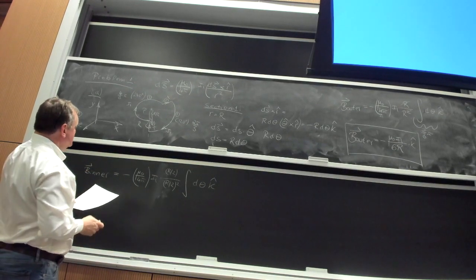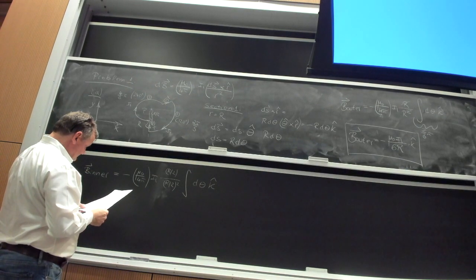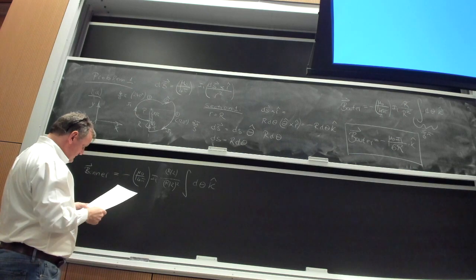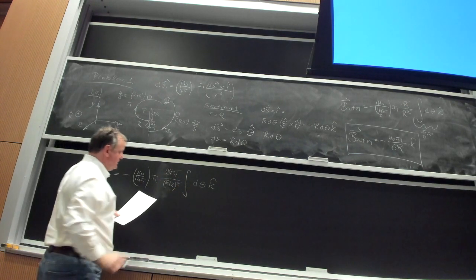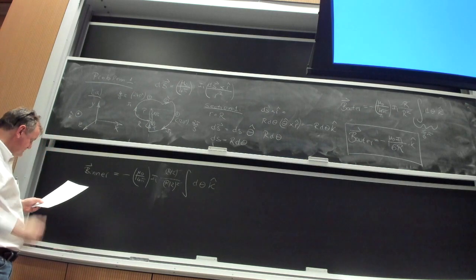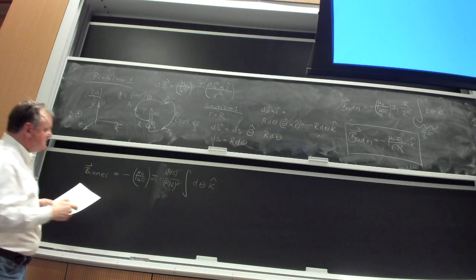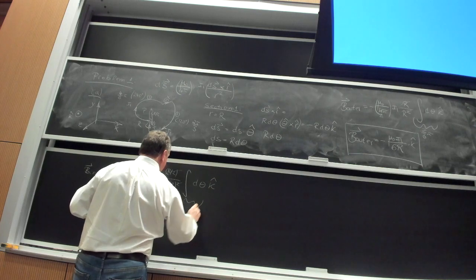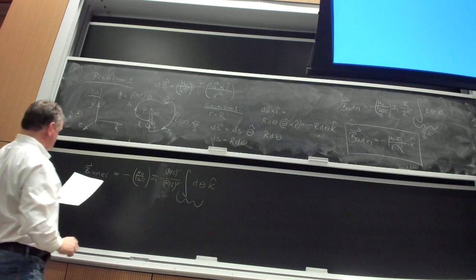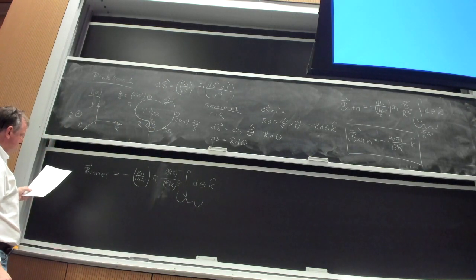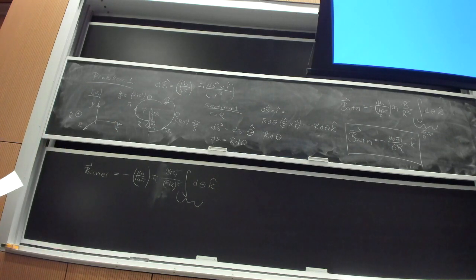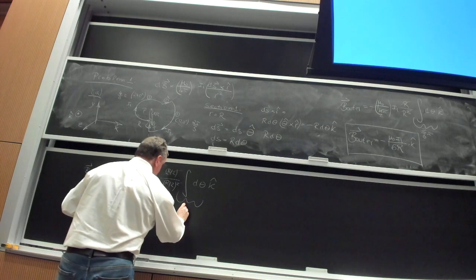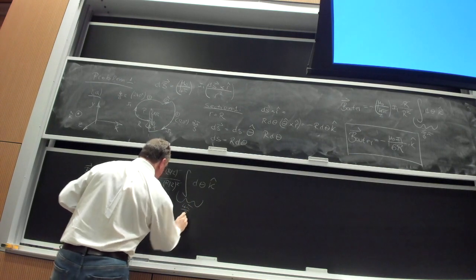So now, here, you cancel this out against 1, 2 here. And then the angular region here is 4 pi over 3.